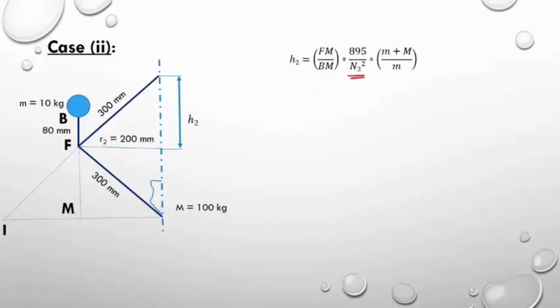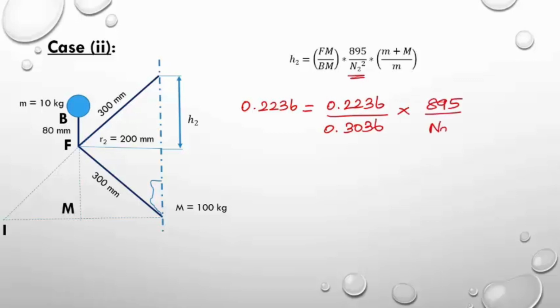Now we can use this formula to calculate the maximum equilibrium speed N2. H2 is 0.2236 meter, Fm is also 0.2236 meter for the present case, divided by 0.3036 meter, into 895 divided by N2 square, into small m is 10 kg plus capital M is 100 kg, divided by small m 10 kg, from which we can calculate the value of N2.